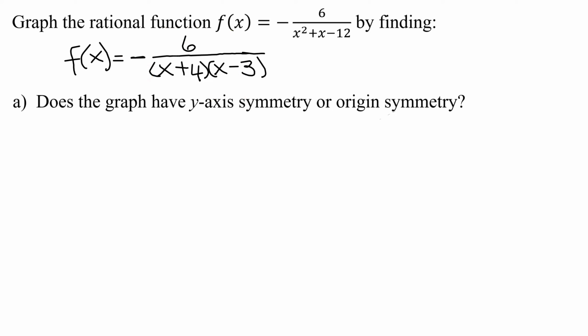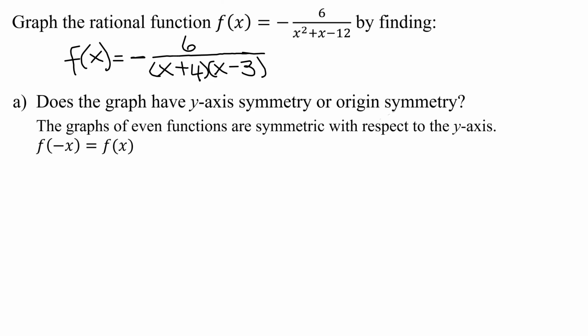No. So now we're ready to look at, does the graph have y-axis symmetry or origin symmetry? If it has one of these, it makes graphing a whole lot easier. So let's look at the graphs of even functions are symmetric with respect to the y-axis. And for even functions, f of -x equals f of x.